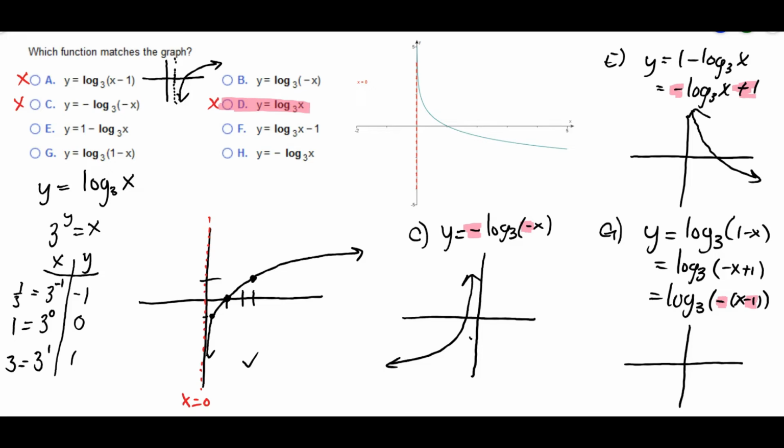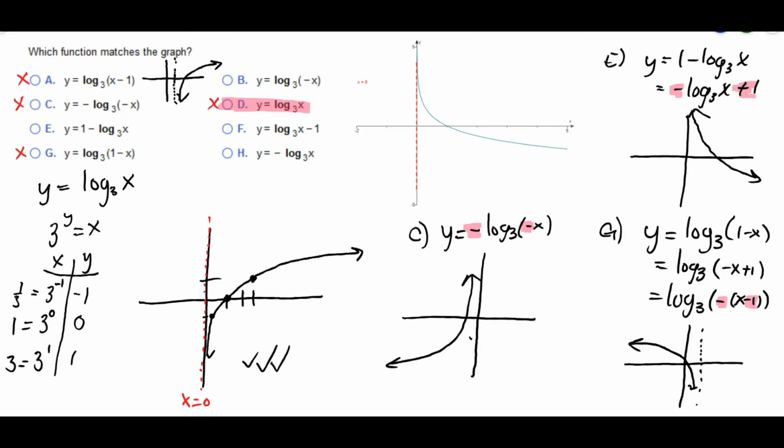So if I shift to the right and reflect horizontally, remember I'm starting with this graph right here, my asymptote would shift to the right, and I would get a picture that looks like this. That does not match.